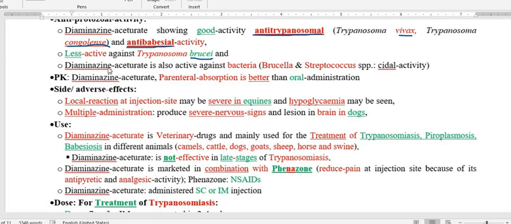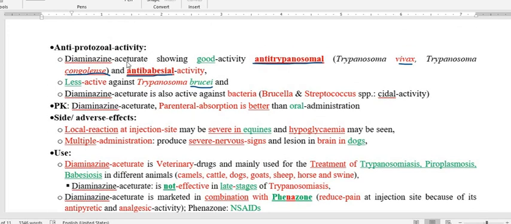Trypanosoma vivax and Trypanosoma congolense are quite sensitive to the drug, whereas Trypanosoma brucei is less active. The drug is less effective against Trypanosoma brucei. Therefore, we combine drugs, and the combination should have good activity against brucei, giving rise to a synergistic effect. We will discuss it later on.